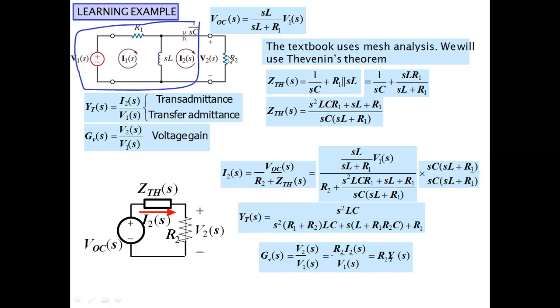How will you get RTH? We have the circuit with R1, inductor and capacitor, so we can take Z equivalent equal to S square LC plus SL plus R1 upon SC in bracket SL plus R1, or S square LC plus S R1, as we used to take here. I will show you.